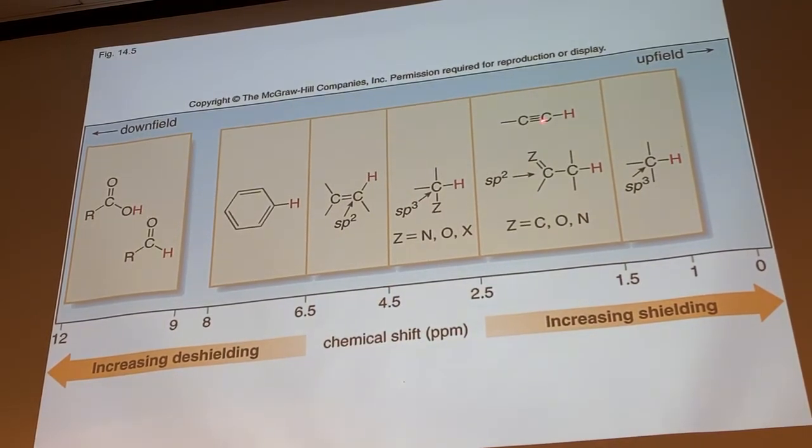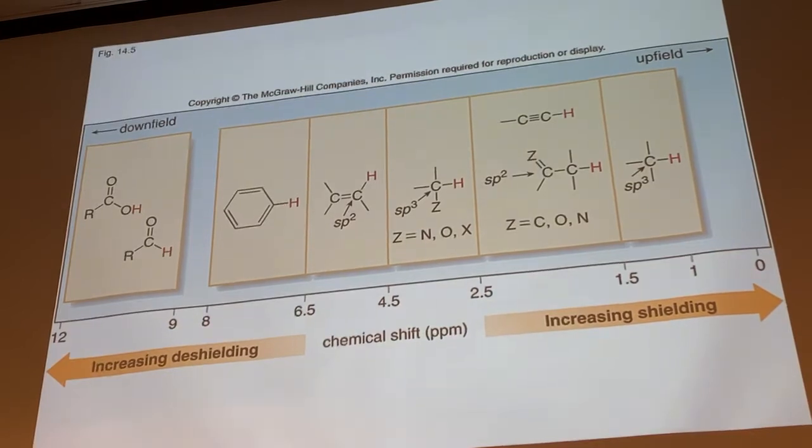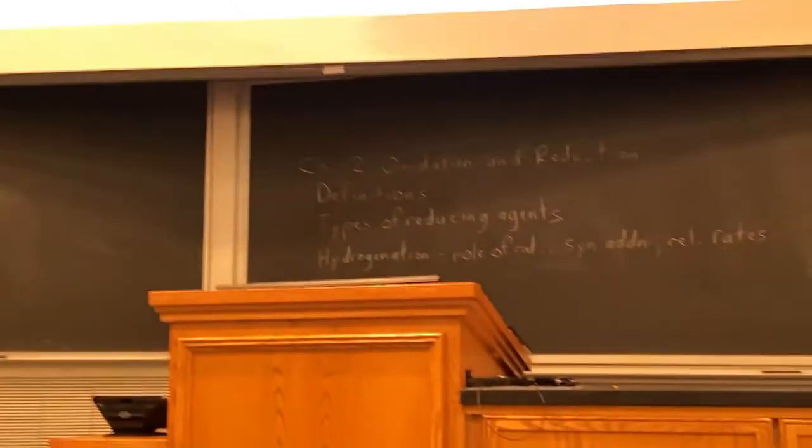In contrast, the pi electrons in an alkyne will shield a proton attached to an sp carbon. Okay, so understand the trends, understand the underlying reasons for the trends, because if you understand those underlying reasons, you're not just memorizing this figure. If you memorize this figure, that's not nearly as good as understanding the figure.